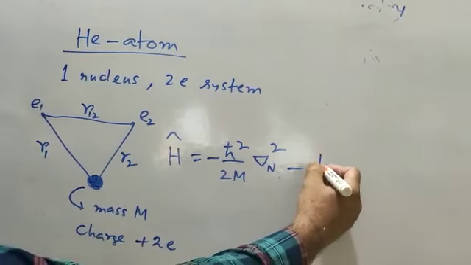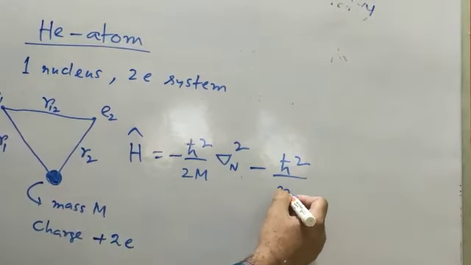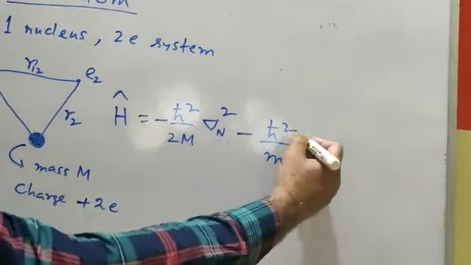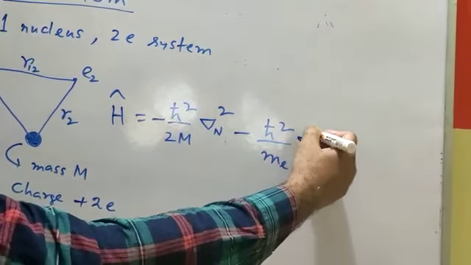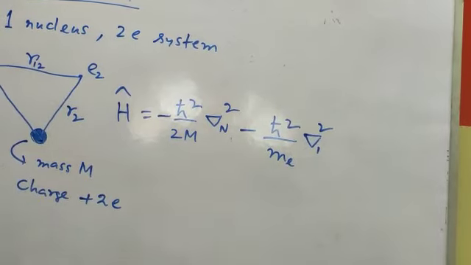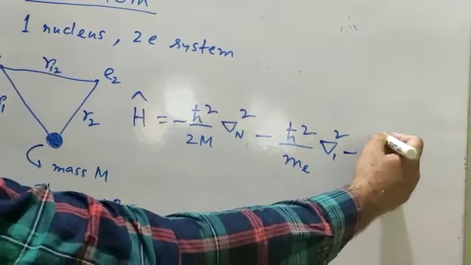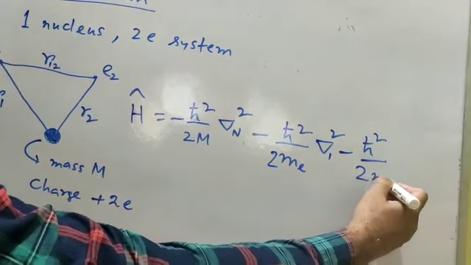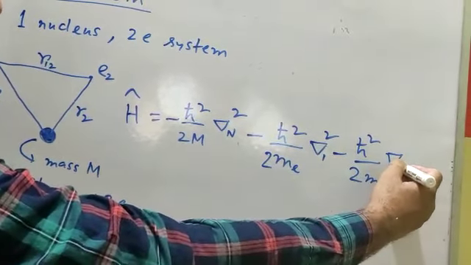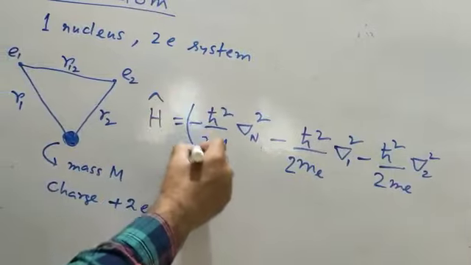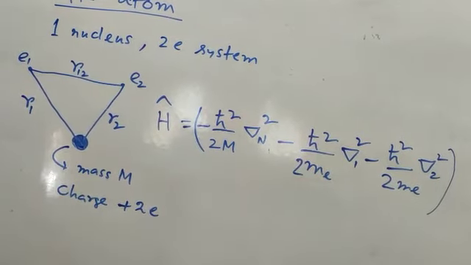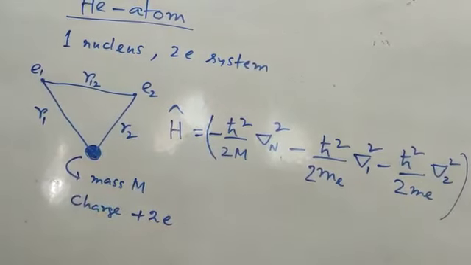We write minus h cross square by 2me, where me is the mass of the electron, and this is the Laplacian operator for electron 1, and minus h cross square by 2me del 2 square. This is the Laplacian operator for electron number 2. So this is the kinetic energy part.